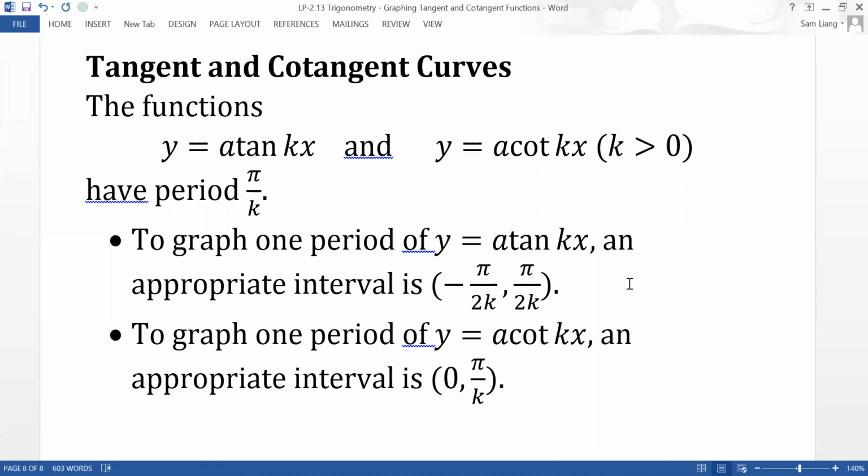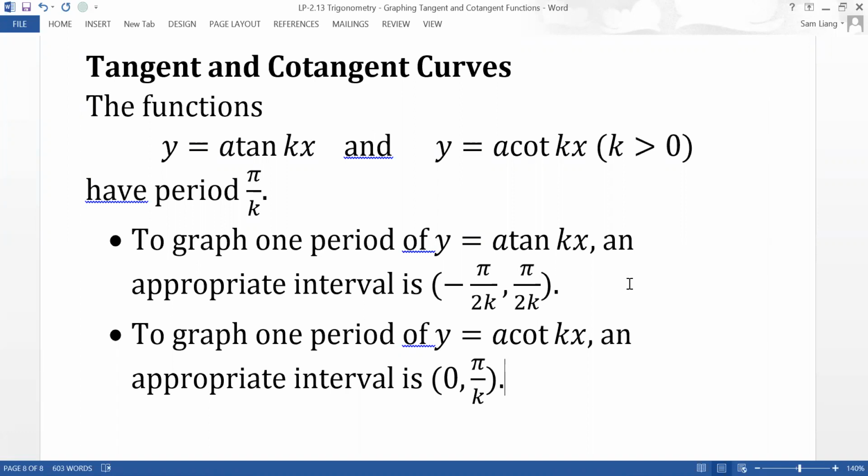To graph one period of y equals a tan kx, an appropriate interval is negative pi over 2k, comma, pi over 2k. To graph one period of y equals a cotangent kx, an appropriate interval is 0, pi over k.